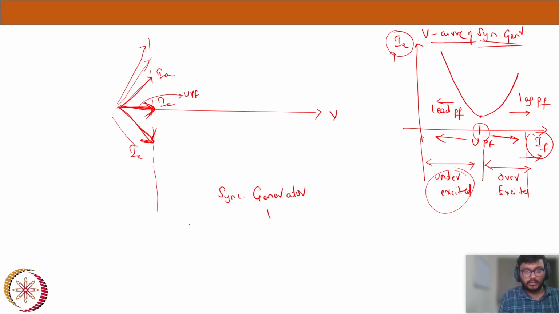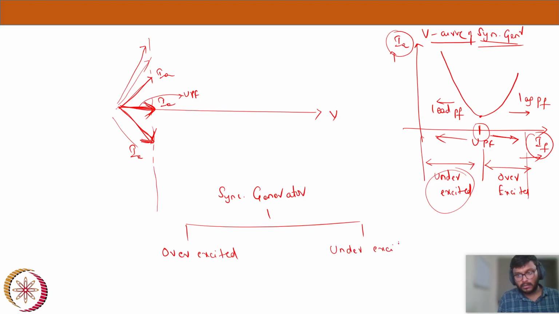Synchronous generator will have two conditions, that is overexcited state and underexcited state. Overexcited is at a lagging power factor.